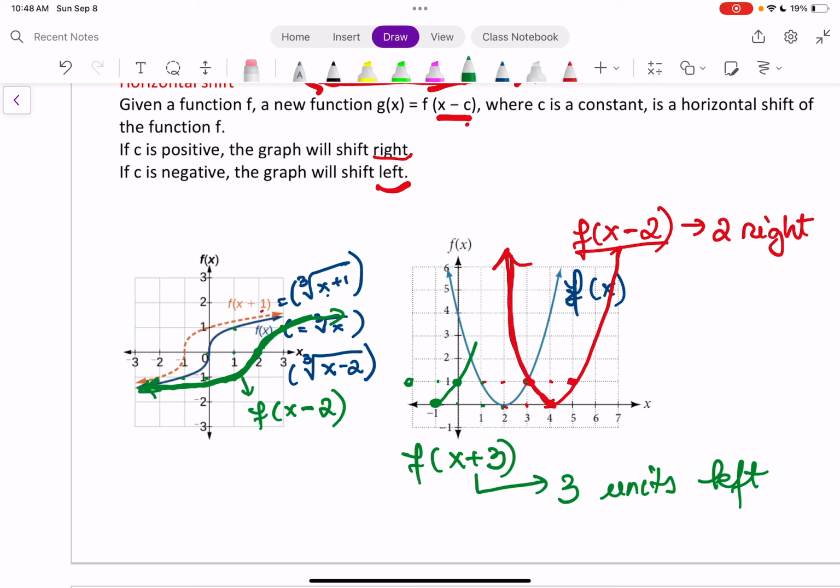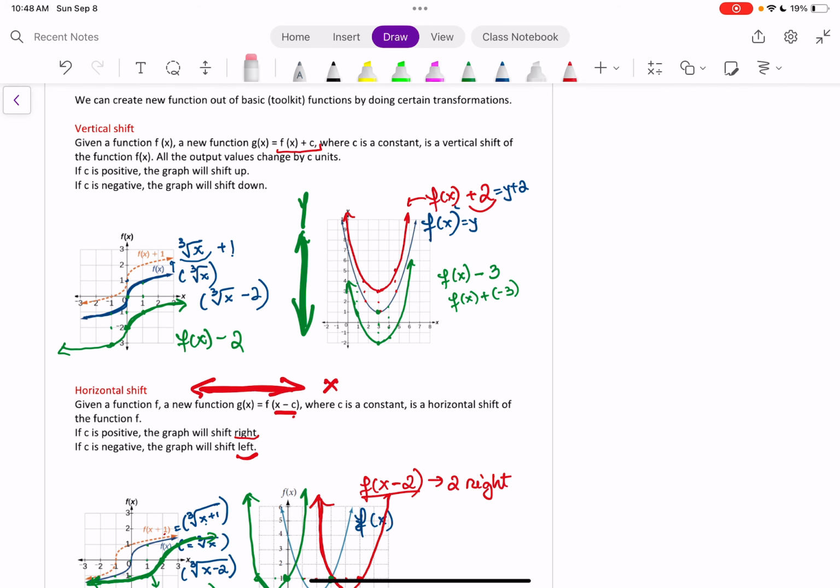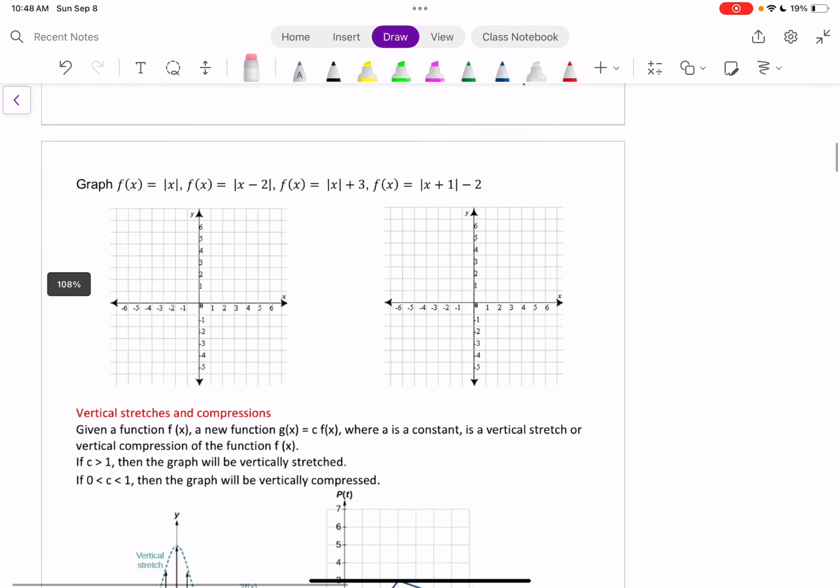So as you see, all I'm doing is just grabbing specific points and shifting them 3 units left. So counting and going left. Okay. So these are vertical versus horizontal shifts. For verticals, changes are made to the function, or in other words, to the y's. For horizontal, the changes are made to the x's.